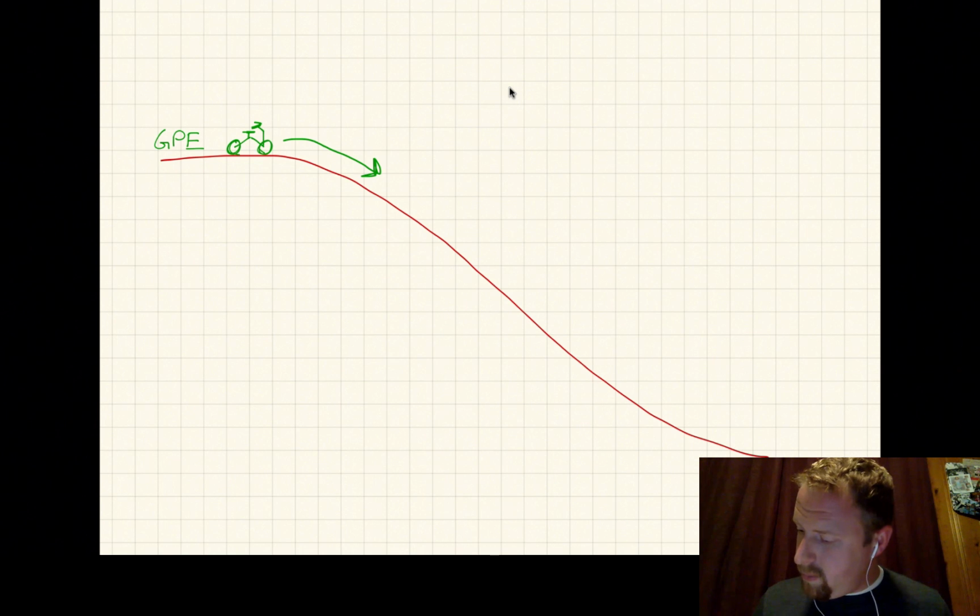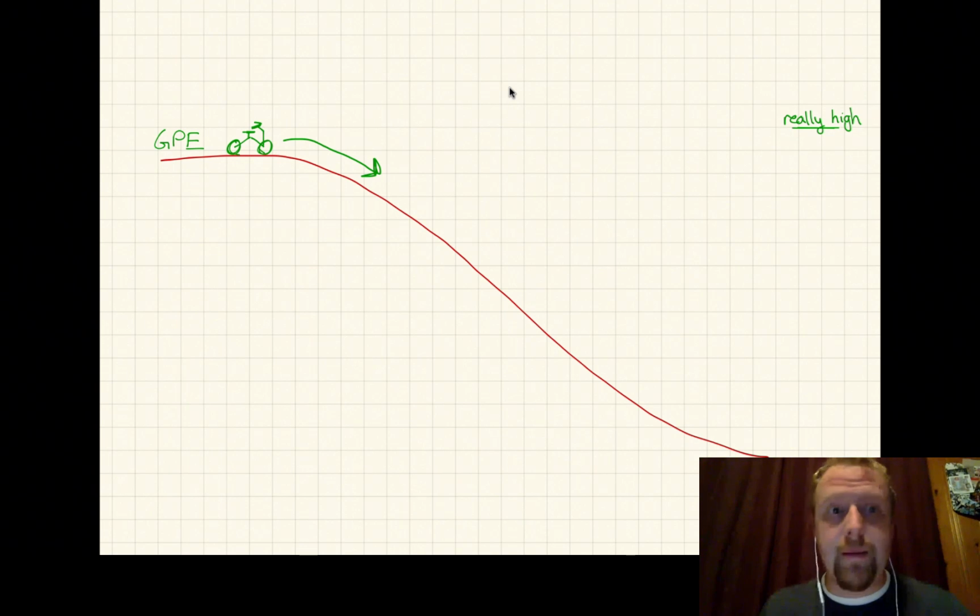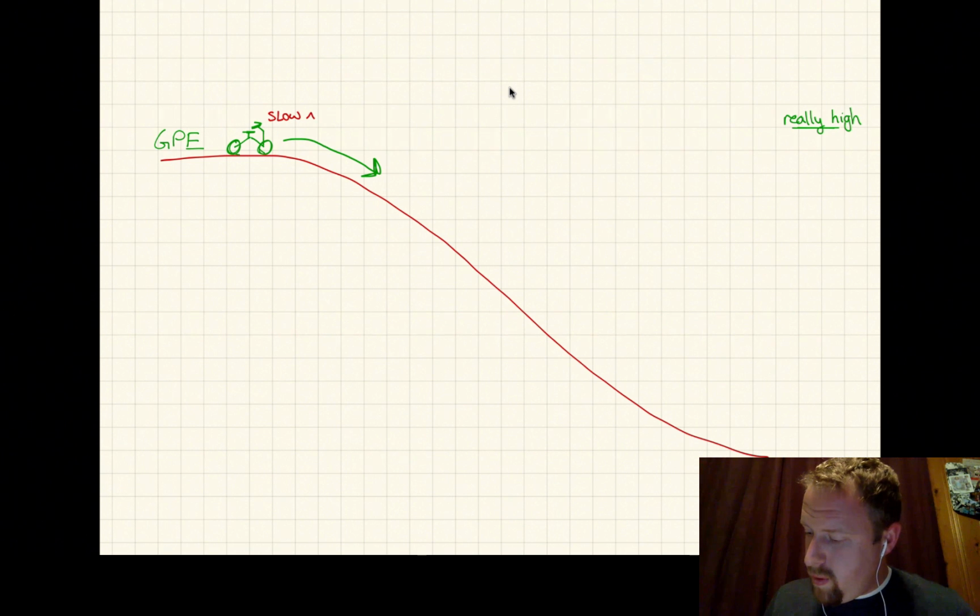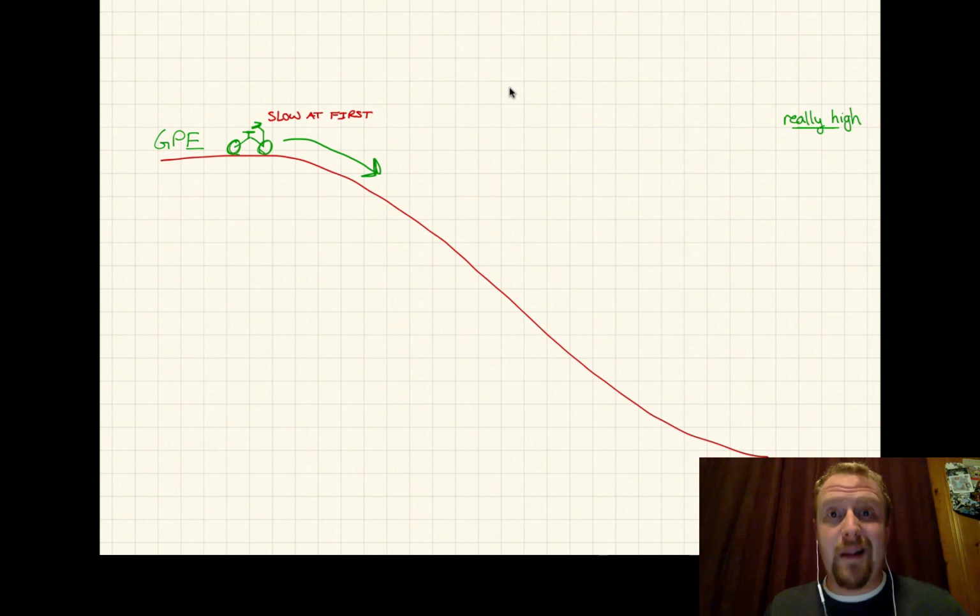If we come over here, all right, we can see that that is really high. However, the bicycle started at rest. The bicycle was barely moving, so it was going really slow at first. Therefore, it has very little to no kinetic energy.